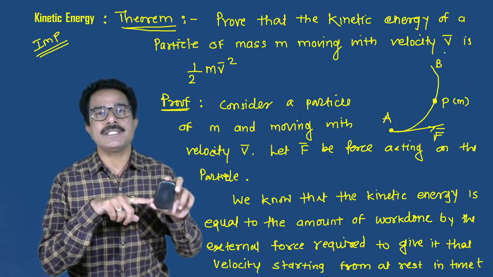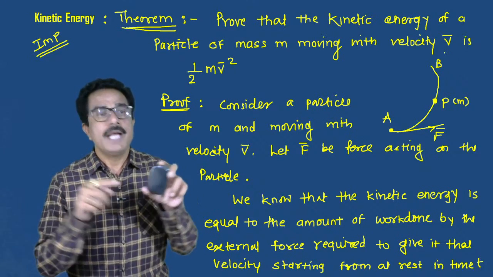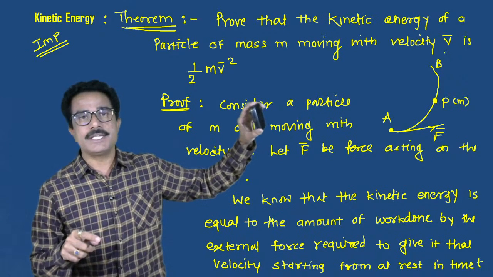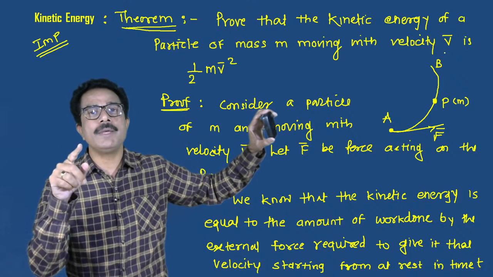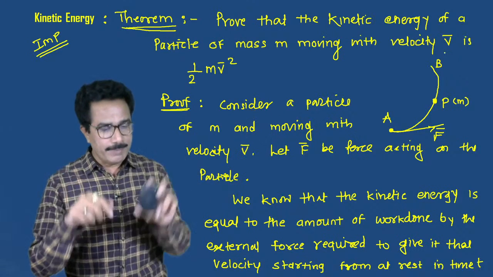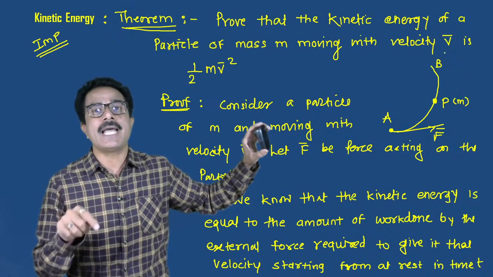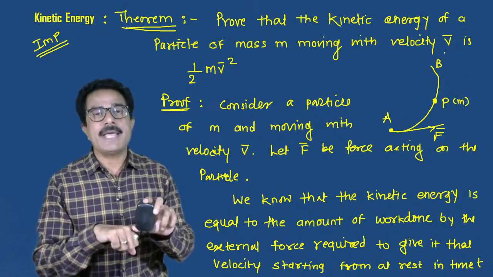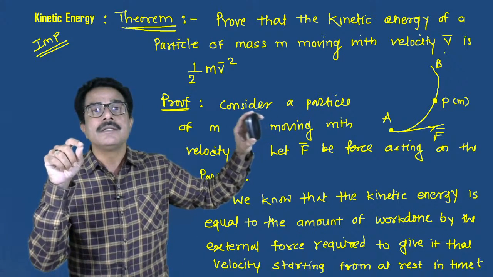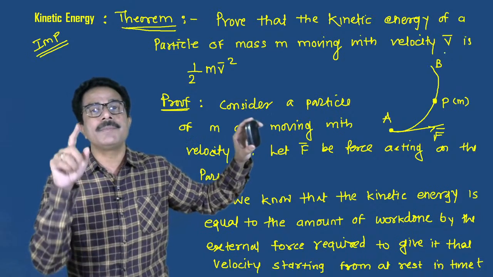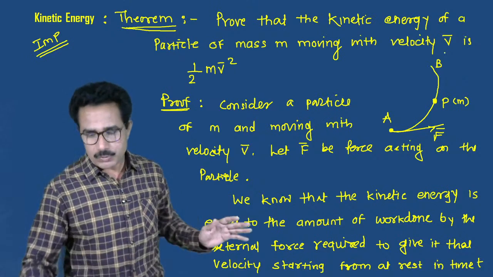At the initial stage, at point A, velocity is 0. At point B, the velocity of that particle is suppose Vb. Displacement from point A to point B requires a time t. Initially time t is 0, but to move from A to B the particle requires time small t. This is the concept which we have to know.